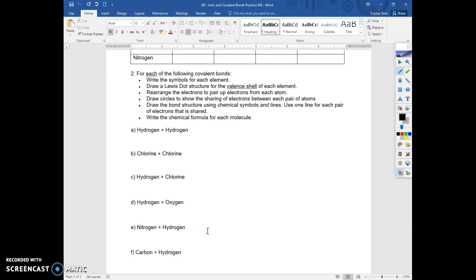And so sometimes they'll share 1 pair of electrons, like our example here. Sometimes they'll share 2 pair of electrons, or they'll share 4, or sometimes they'll share 6 electrons or 3 pair of electrons. And I'll show you more of that in the next video when we look at the shapes of molecules.